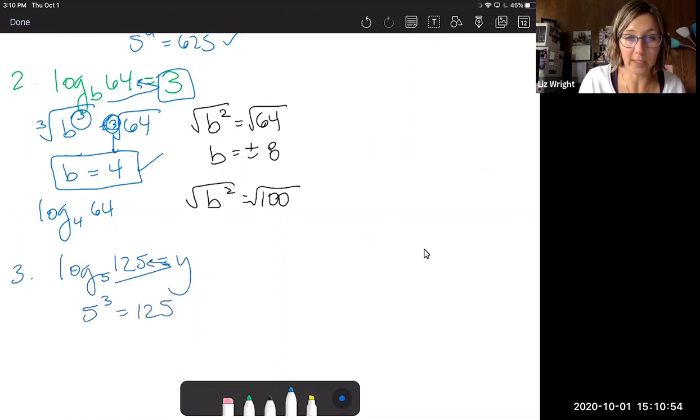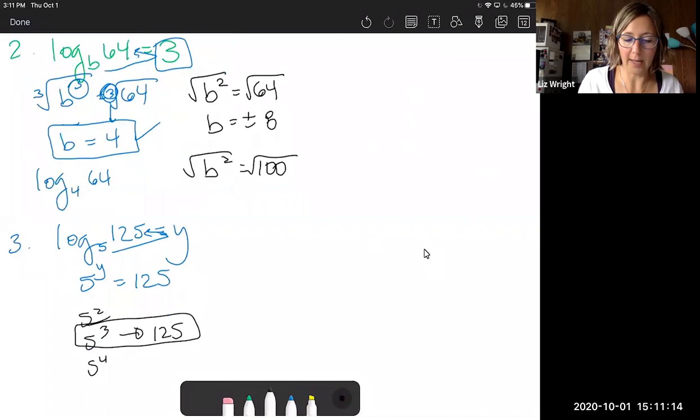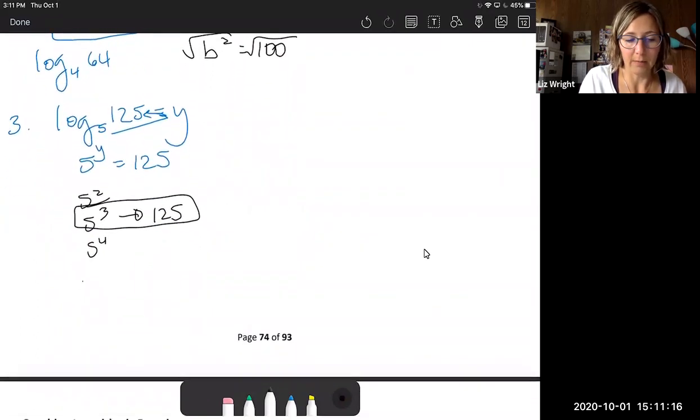If you were showing your work, you would try 5 squared, 5 to the 3rd, 5 to the 4th, and you would find out that 5 to the 3rd is 125. So that would be your answer. Your y would be 3.